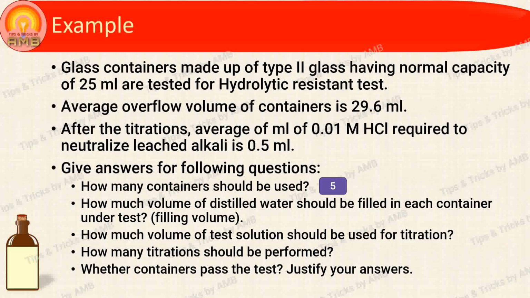Now move to the next question, that is, how much volume of distilled water should be filled in each container under test, that is, how much will be the filling volume. We know that we have to take 90% of the average overflow volume as the filling volume.